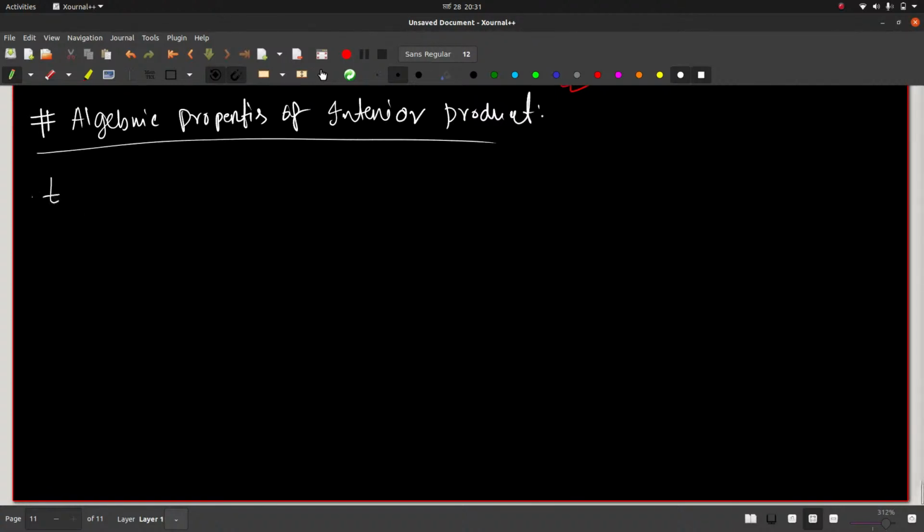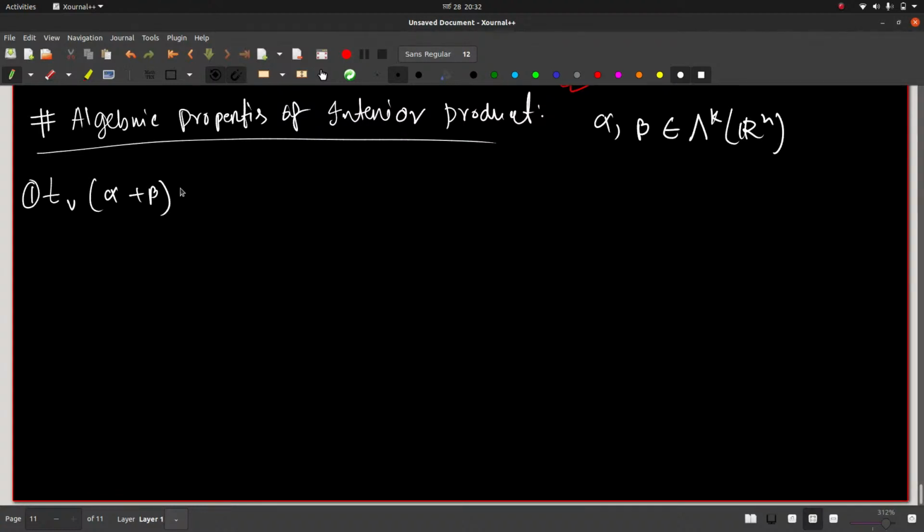So the first one is that i_v of alpha plus beta, where alpha and beta are k forms, so alpha, beta belong to lambda k on the manifold, is i_v of alpha plus i_v of beta. You can show this easily using the definition.